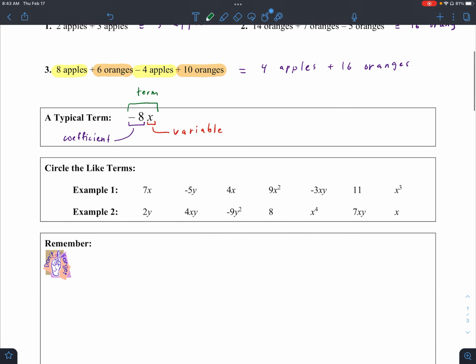So let's look at how we would determine if two terms are like terms, meaning they can be added or subtracted. Looking at example 1, think about which terms you think are like terms. Which terms can actually be added or subtracted here? In order for terms to be like terms, they have to have the same variable or variables and the same exponents on those variables.